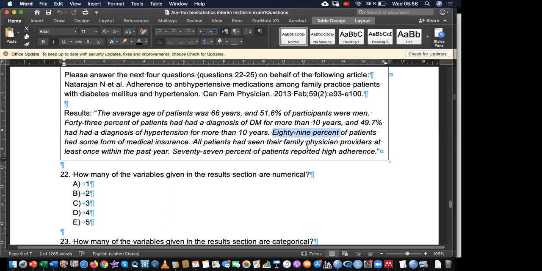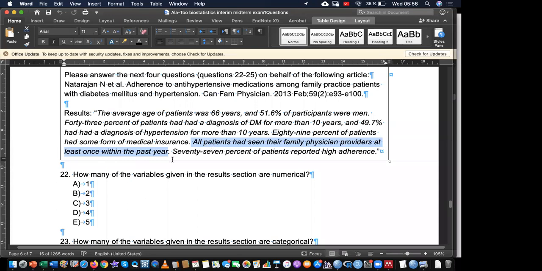All patients had seen their family physician providers at least once within the past year. This is the study question: have you seen your family physician within the past year? The answer is yes or no. Is it categorical or numerical?